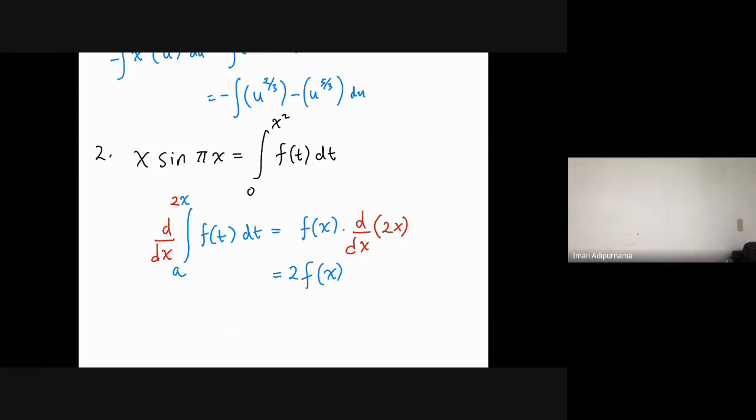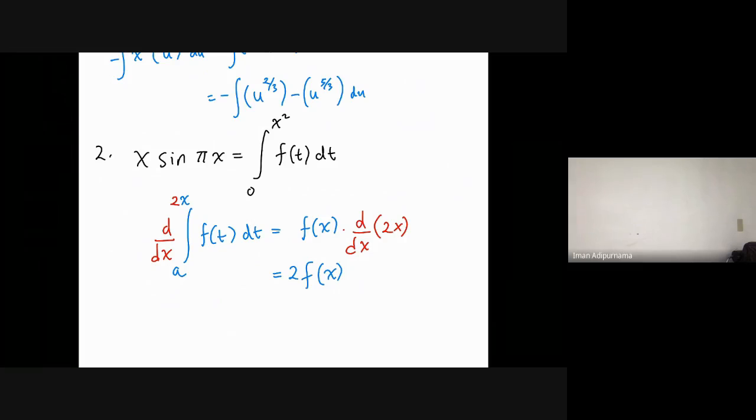So the idea is the first case without any constant, it's just x, and you get f of x. If you differentiate this whole integration, you get f of x, and you need to multiply by the derivative of the variables here.